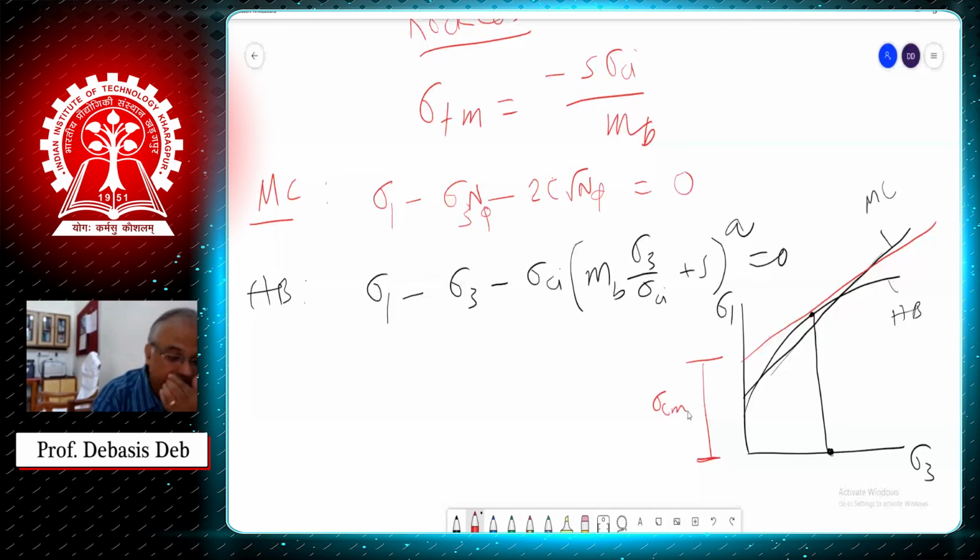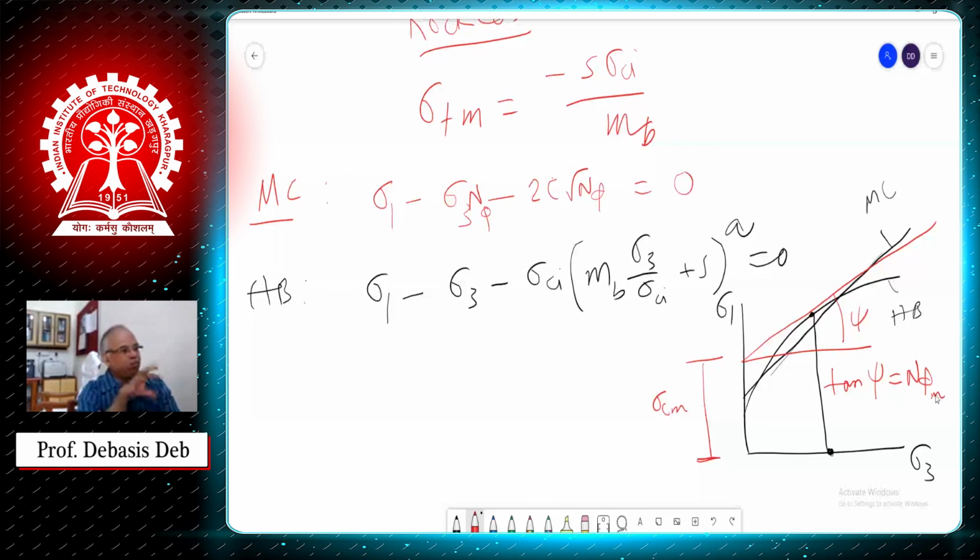Okay, wherever it touches, and this angle, if this is psi, then tan psi will be my N phi m. You understand what I'm saying? N phi will be the slope of that.